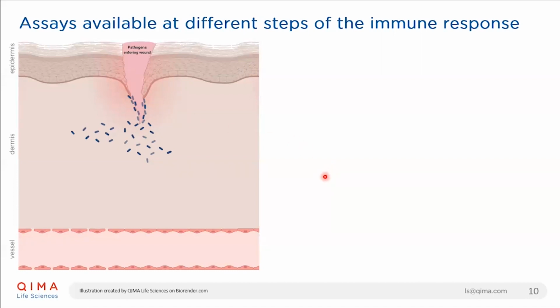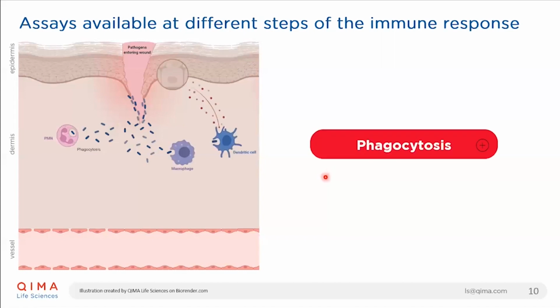One of the first processes engaged is called phagocytosis. Specific cells such as macrophages, dendritic cells, and neutrophils, PMNs, ingest and destroy, without any specificity, foreign organisms such as bacteria or viruses.